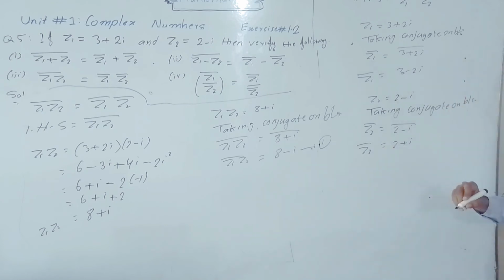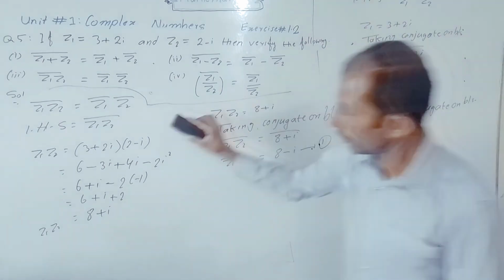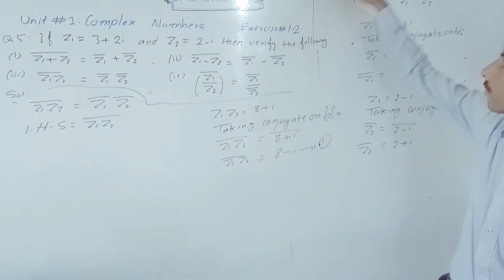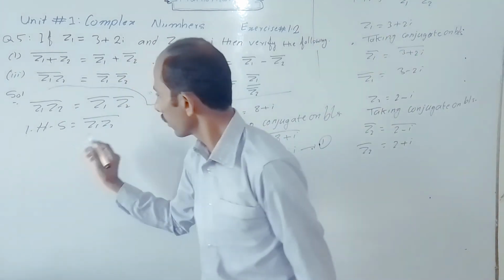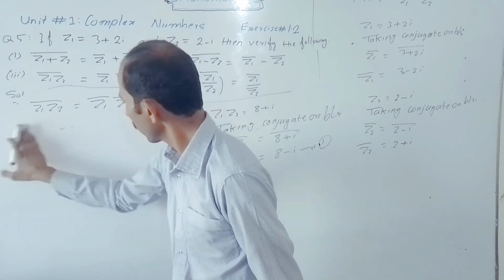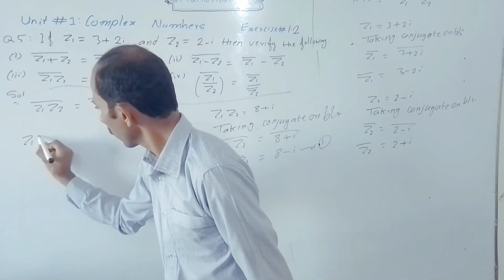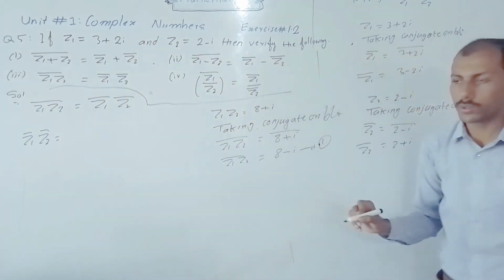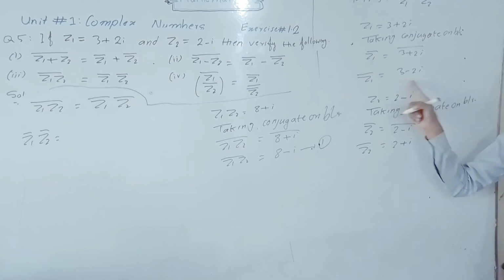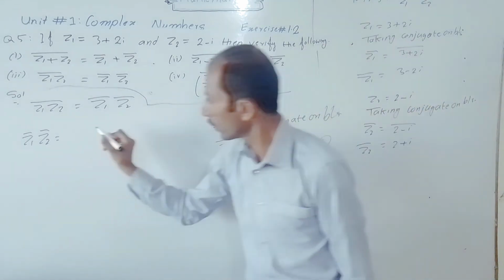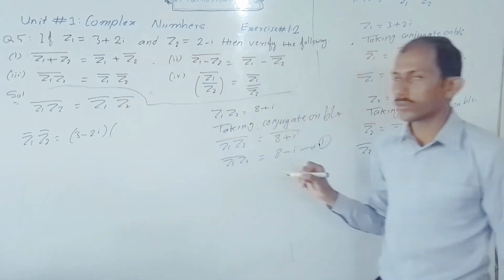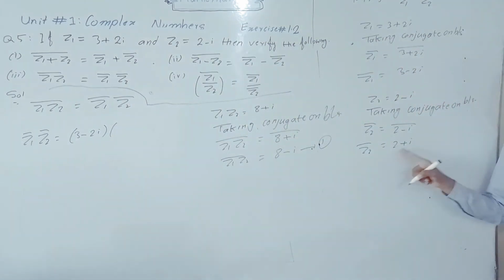Next, Z1 conjugate multiplies Z2 conjugate. Z1 conjugate multiplies Z2 conjugate is equal to, value of Z1 conjugate is equal to 3 minus 2i. Next, value of Z2 conjugate is equal to 2 plus i.